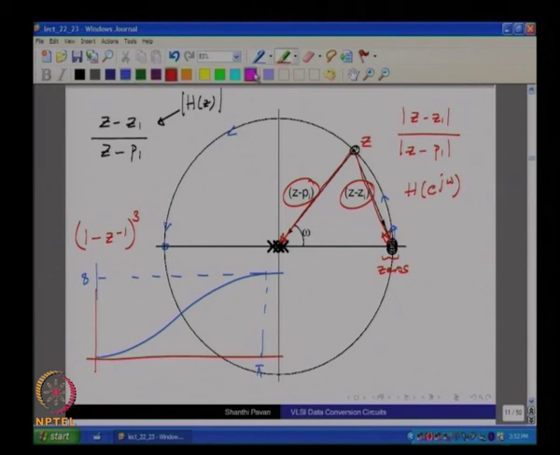This is the problematic part, because as we saw the last time around, most of the contribution to the shaped quantization noise is coming from high frequencies, that is frequencies in the neighborhood of ω equal to π, right. So, this part of the NTF is something we like, that is giving us that ω to the 3. What we do not like is the part of the characteristic at ω equal to π.